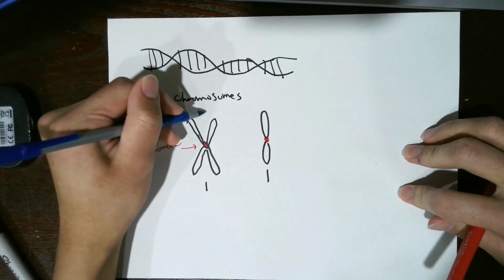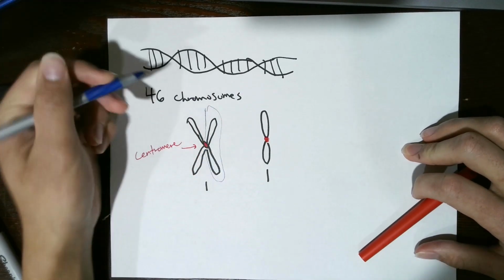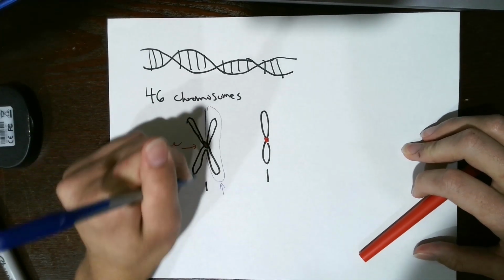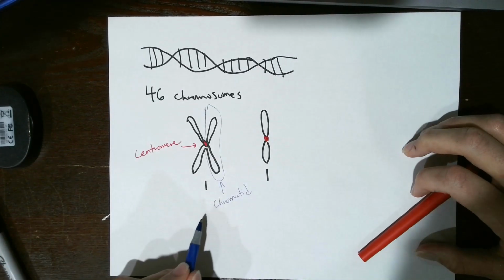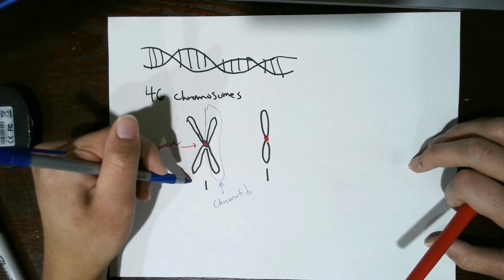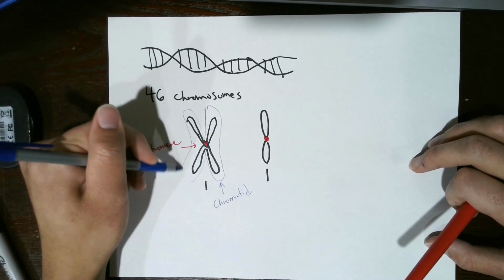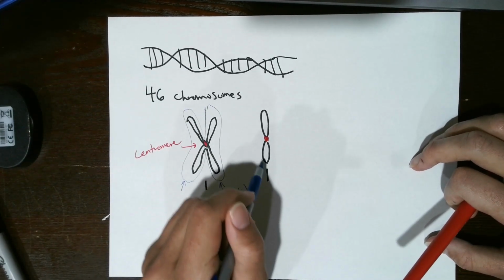Other parts of the chromosome: if I circle this part, this one half here, this is called a chromatid. Sometimes you might hear them called sister chromatids. And likewise, this on the other side is another chromatid. This one here is also one chromatid.